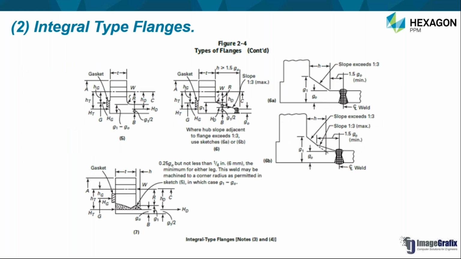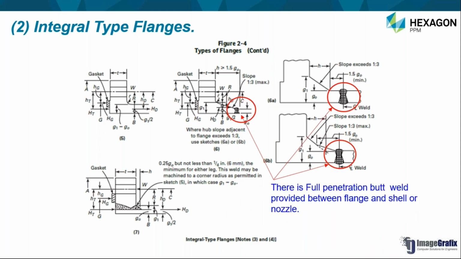If you observe the first figure, which is nothing but figure number 5, the flange is an integral part of that vessel. So this is also called integral. Now if we observe figure number 6, it is a weld neck flange, okay, where there is a butt welding between the dish end and the nozzle. Then figures 6A and 6B also have a butt weld joint.